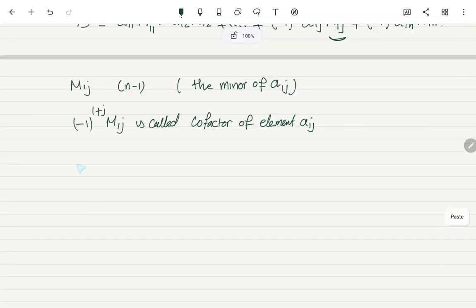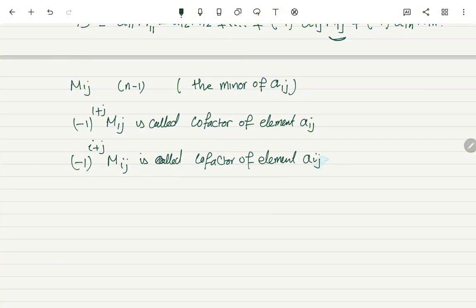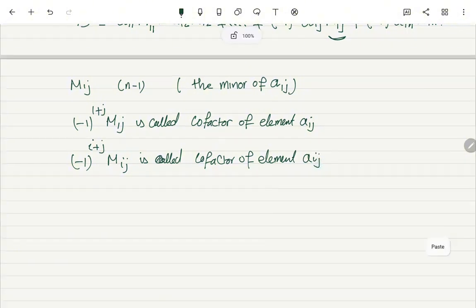Generally speaking, minus 1 to the power i plus j, Mij, is called the cofactor of element Aij, and can be obtained from the original determinant by covering or deleting the ith row and the jth column and introducing the sign minus 1 to the power i plus j in front of the new determinant.